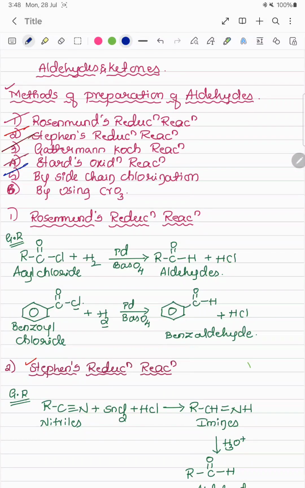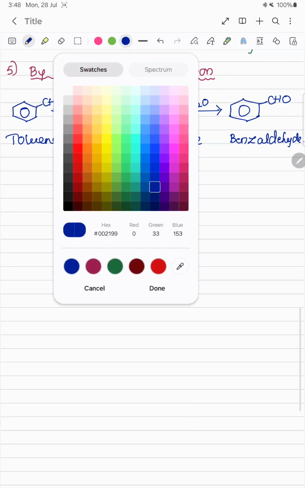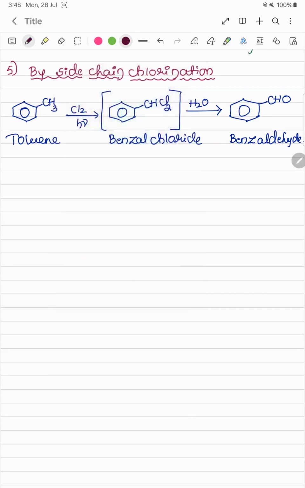And the last under the preparation of aldehydes, to end the video, is by using chromic oxide. That is obviously another important 2-mark question, which seems to be the most difficult one, the sixth one.